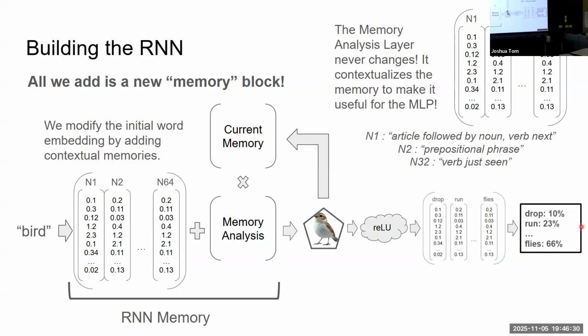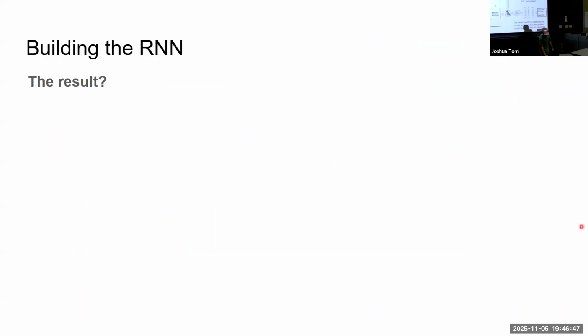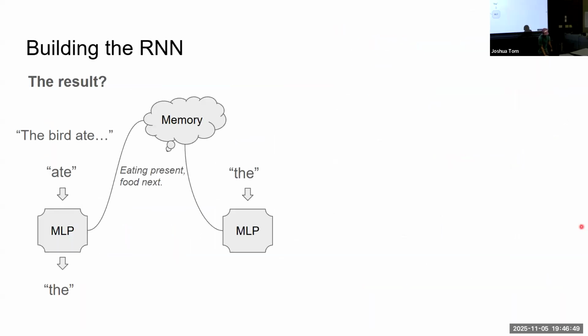I'm going to mark that there's an article adjective, so next should be a noun. That's all it's really encoding. And then it kind of adds that to the bird vector. That gets saved into the memory, and then it just goes on about its normal thing. The result from this is we get the bird 8. Okay, so 8 gets saved.